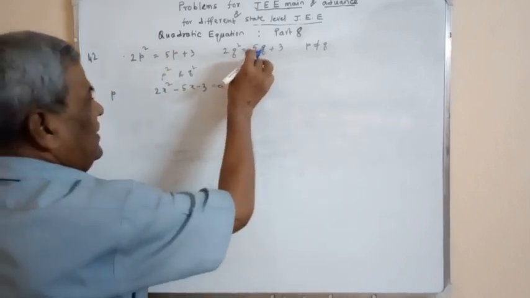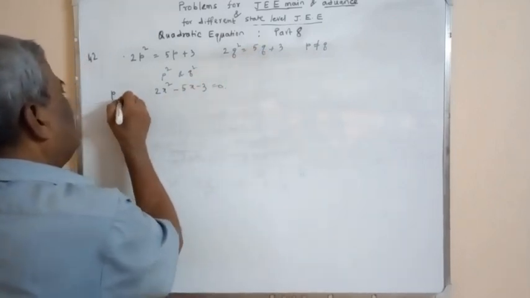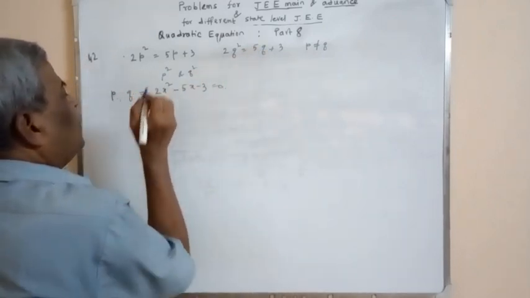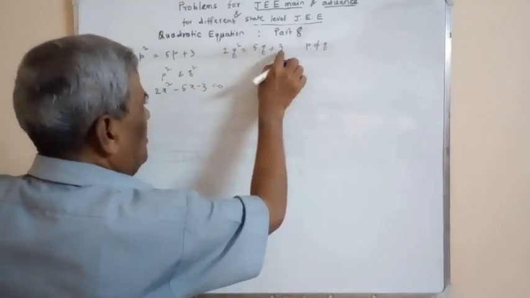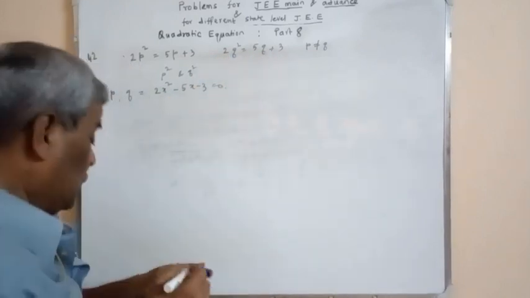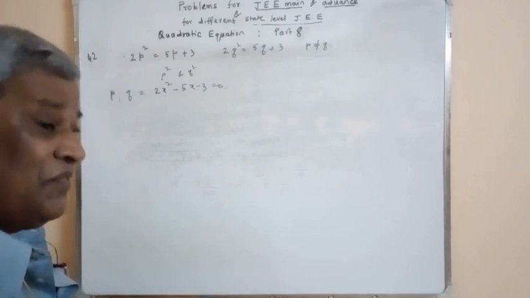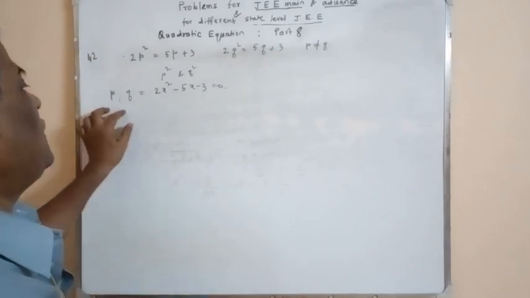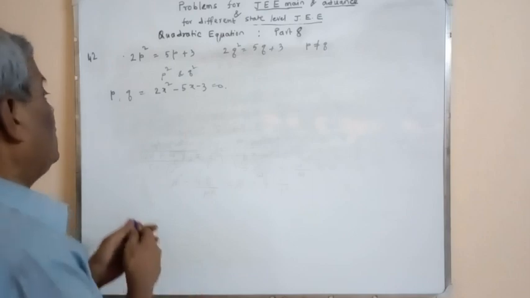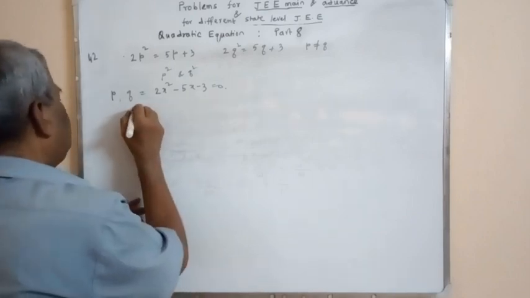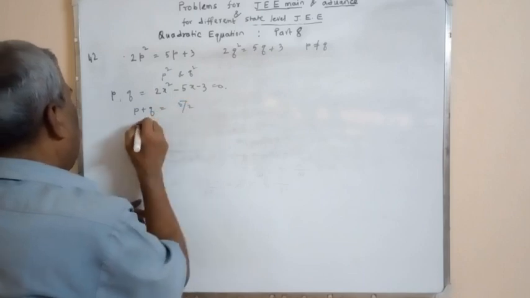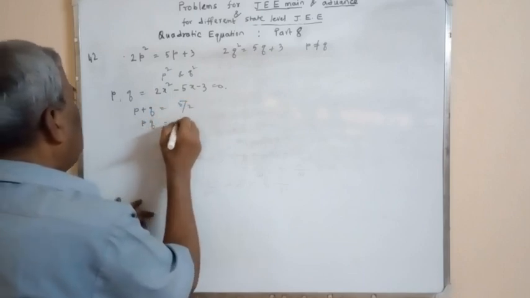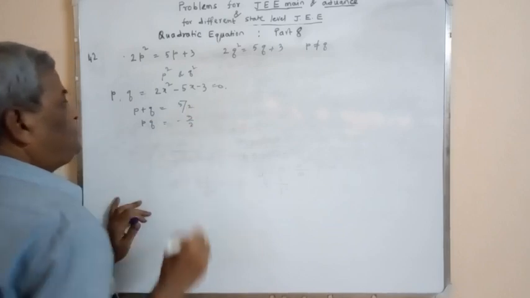Similarly, from the second relation, we can claim that q is also a root of that, because 2q square minus 5q minus 3 is equal to 0. So in fact, it is given that p, q are roots of that. So we have p plus q is equal to 5 by 2 and pq is equal to minus 3 by 2.